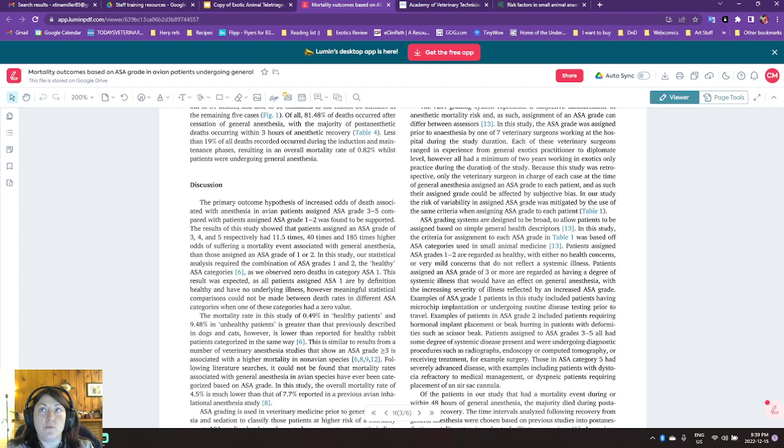So realistically, the problems that we see are because we see animals in much more significant states of illness compared to a lot of our dog and cat patients. It's not to say that we don't do anesthesia on sick dogs and cats, that happens all the time. But we do so many more surgeries on young, healthy dogs and cats because spaying and castration is routine, compared to exotics, where often we're doing sick patient procedures.